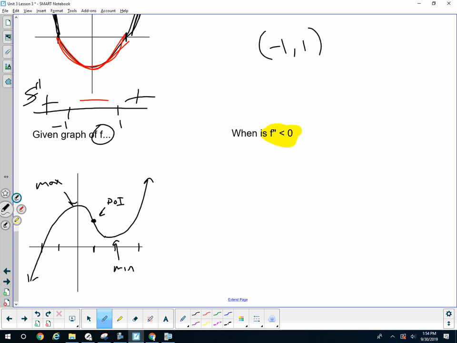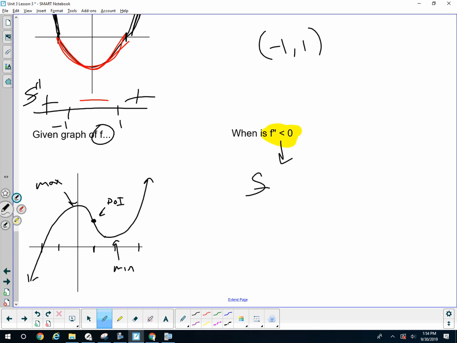Okay, so that would be given to you. The tricky way to do this would be to sketch f prime and then sketch f double prime. But that is a lot harder than the other way, which is taking this and translating it into what it tells us about f.